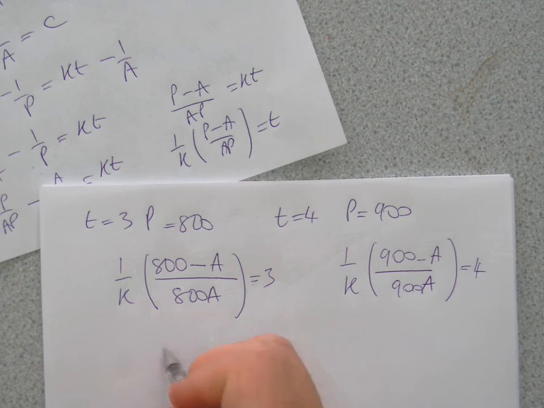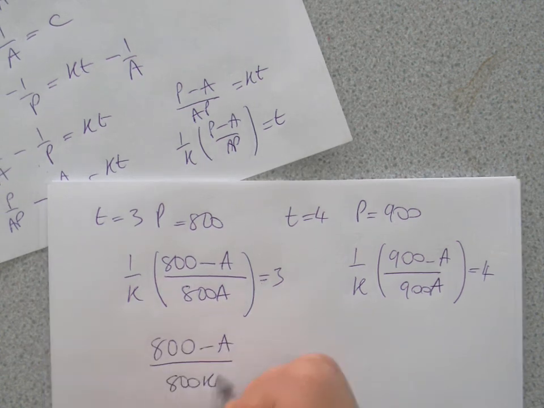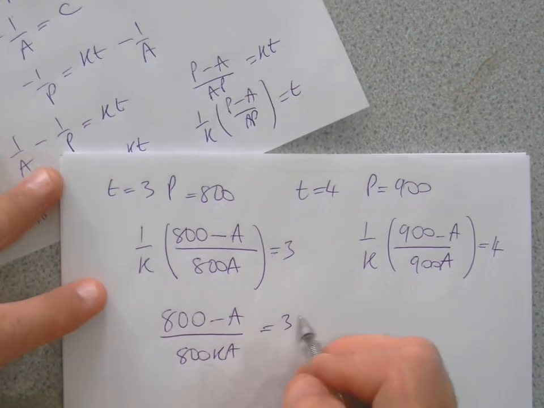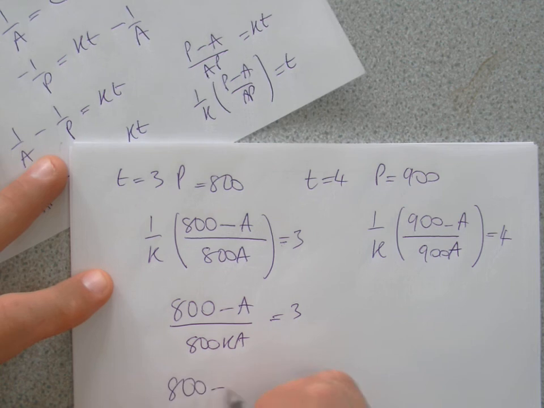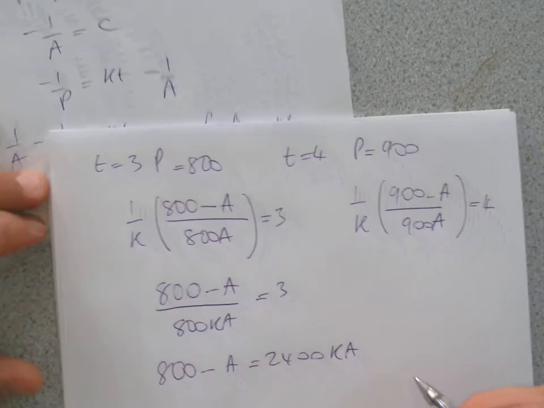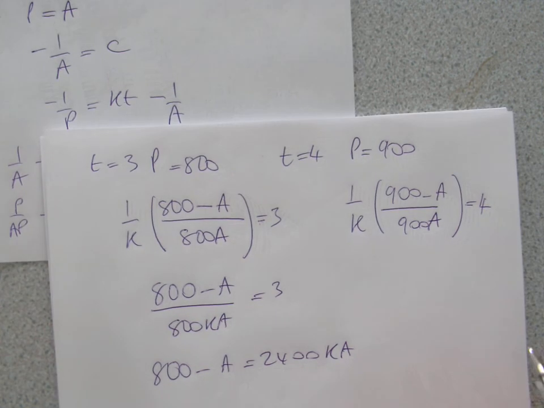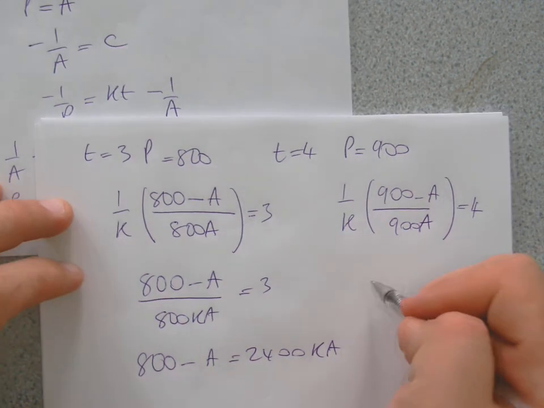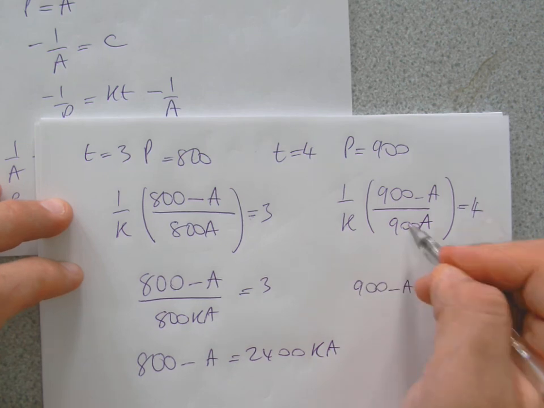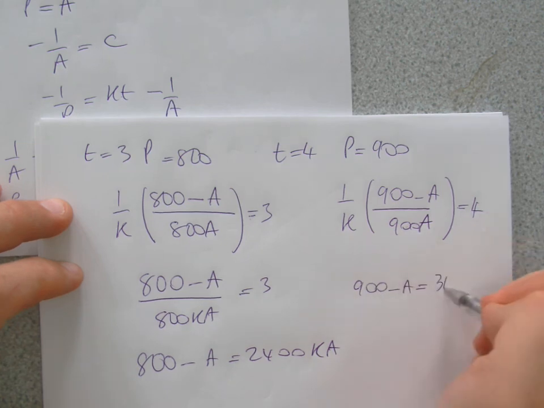One thing you could do is times through by that k and take that upstairs, so you've got 800 minus A equals 2,400kA. Do the same there: 900 minus A equals, if you take that up, 3,600Ak.